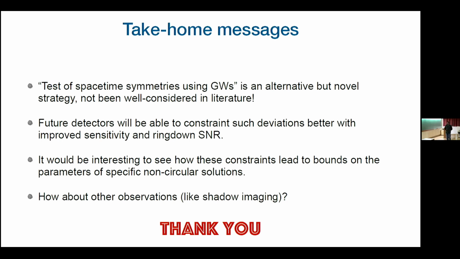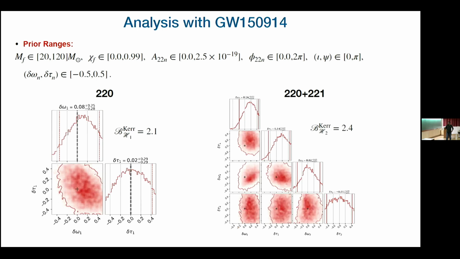Then you can also consider a particular theory and get a non-circular solution. There is one theory called scalar coupled theory, and in that theory we know of a non-circular spacetime, and there you can use these constraints to see how the parameters of that particular theory, or the coupling constant, can be constrained.